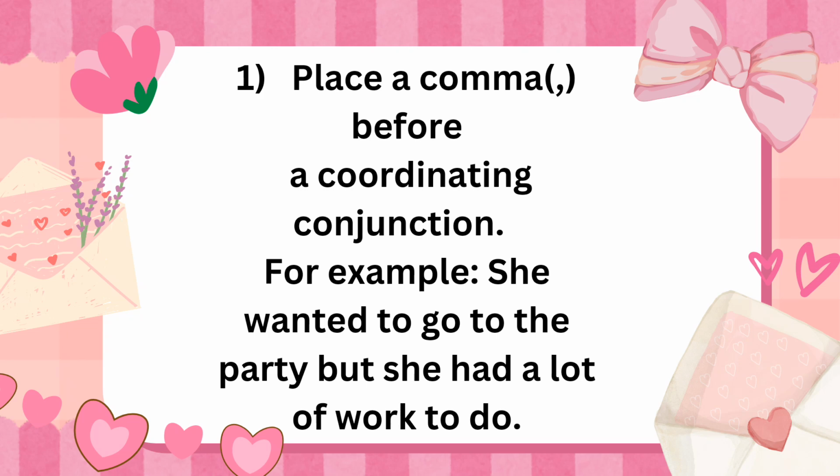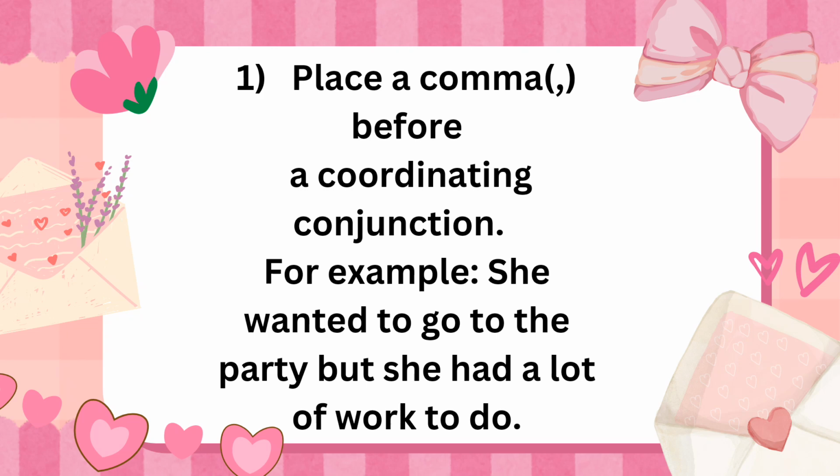FANBOYS is an acronym for examples of coordinating conjunctions, with the F meaning for, A for and, N for nor, B for but, O for or, Y for yet, and S for so. So when using the acronym FANBOYS, always place a comma before the conjunction.